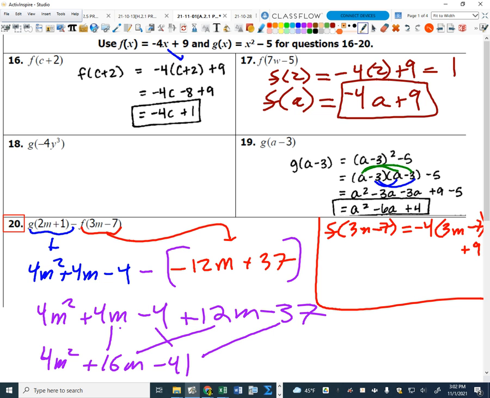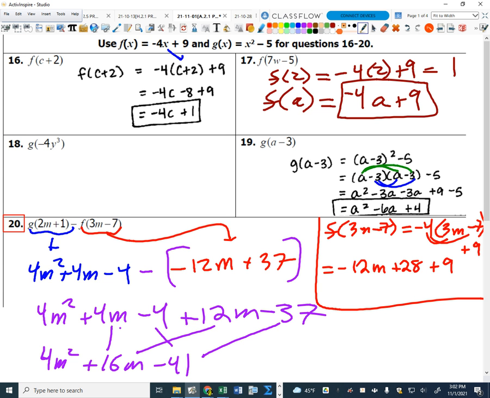Right? So I've got to distribute the negative 4. So negative 4 times 3m is negative 12m. Negative 4 times negative 7 is plus 28 plus 9. There you go. Okay. Does that make sense?